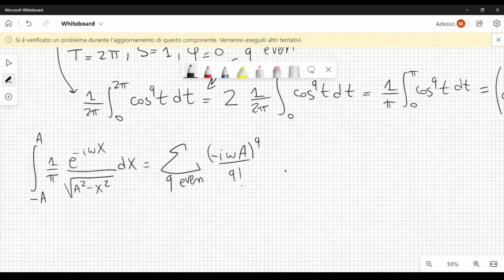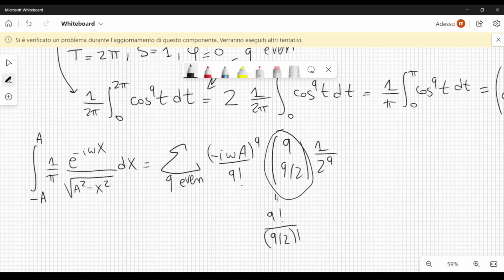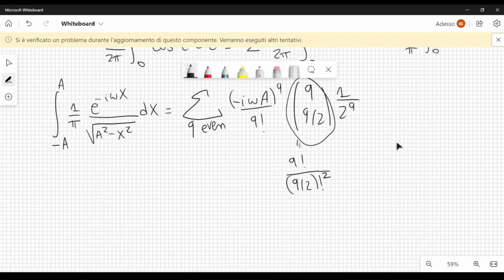What we found is just the binomial coefficient q choose q halves times 1 over 2 to the power q. Now we can rewrite this as q factorial divided by q halves factorial times q halves factorial, so we have q halves factorial squared in the denominator, and therefore this can be simplified. Let me rewrite it as a summation for the even q's, and I'm going to rewrite also minus I omega a to the power q divided by 2 to the power q.